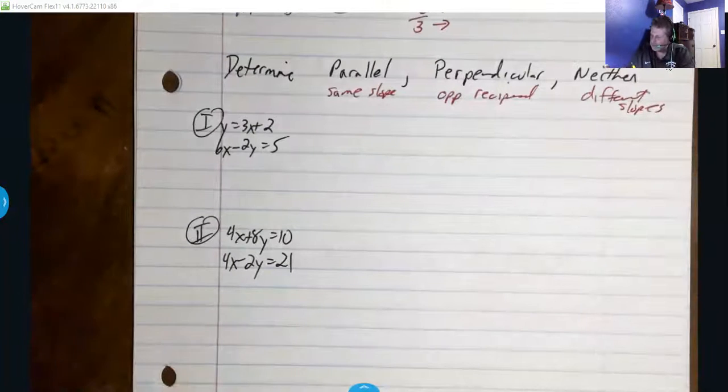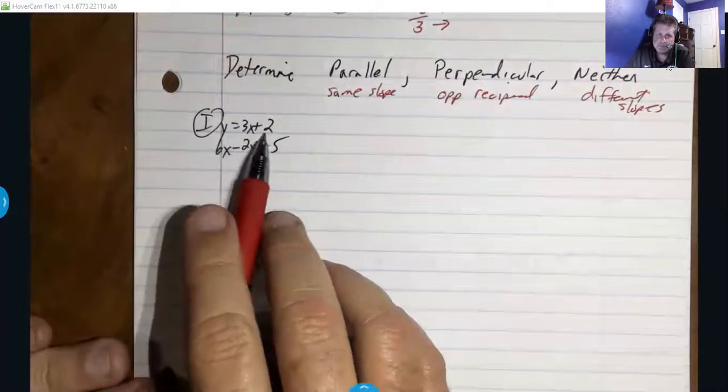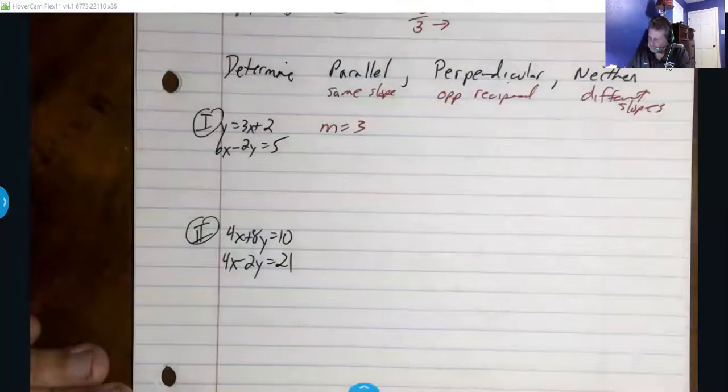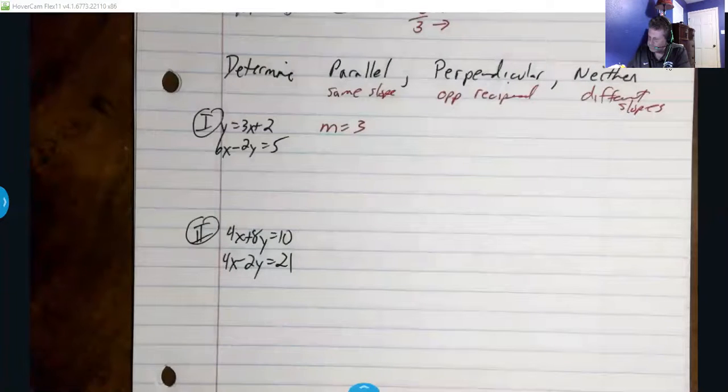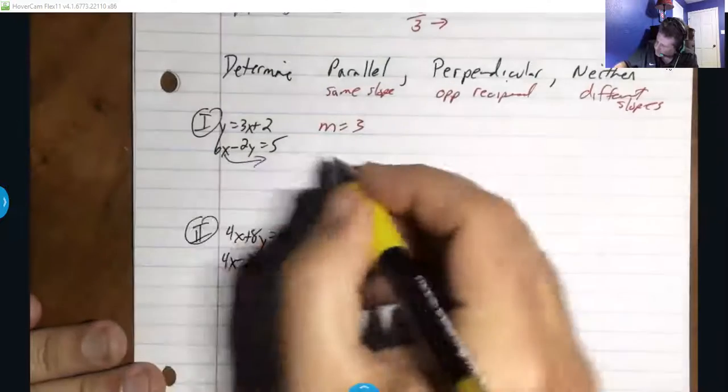All right, so if you notice, here's y is equal to 3x plus 2. Well, this one has a slope of 3. Now, let's find the slope of this one. So I need to move the 6 over.